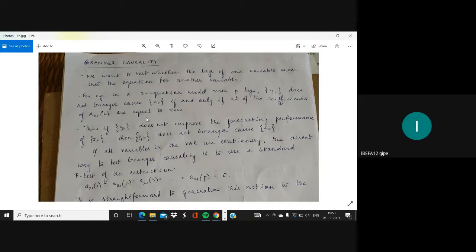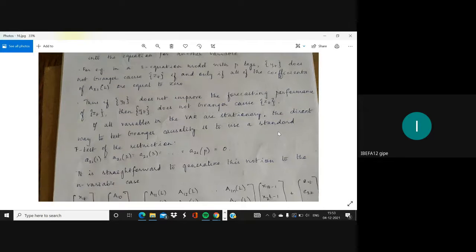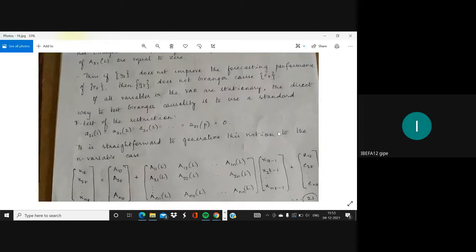This is what we are doing in the Granger causality test. Thus, if yt does not improve the forecasting performance of zt, then yt does not Granger cause zt. So you'll be checking for the statistical significance of the lagged values that are entering a particular equation.